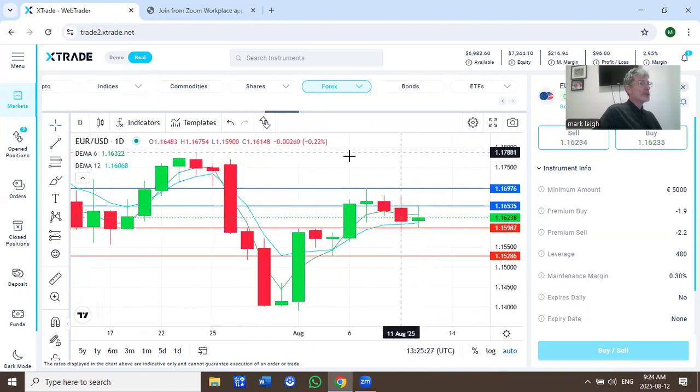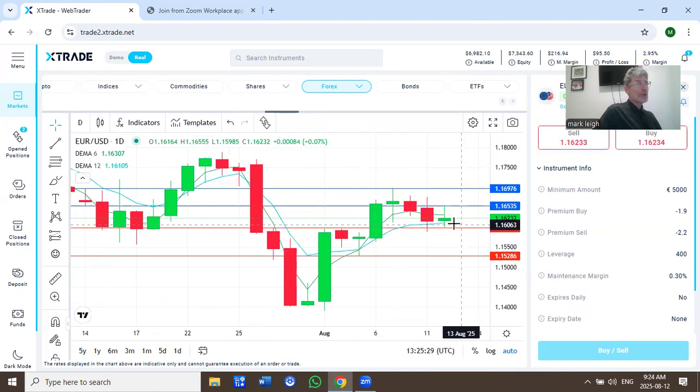There I have the Euro US, small green candlestick, so that's a little bit of the US dollar weakness. Has tried lower at 1.1598, just below the $1.16 level, and resistance at 1.1653.